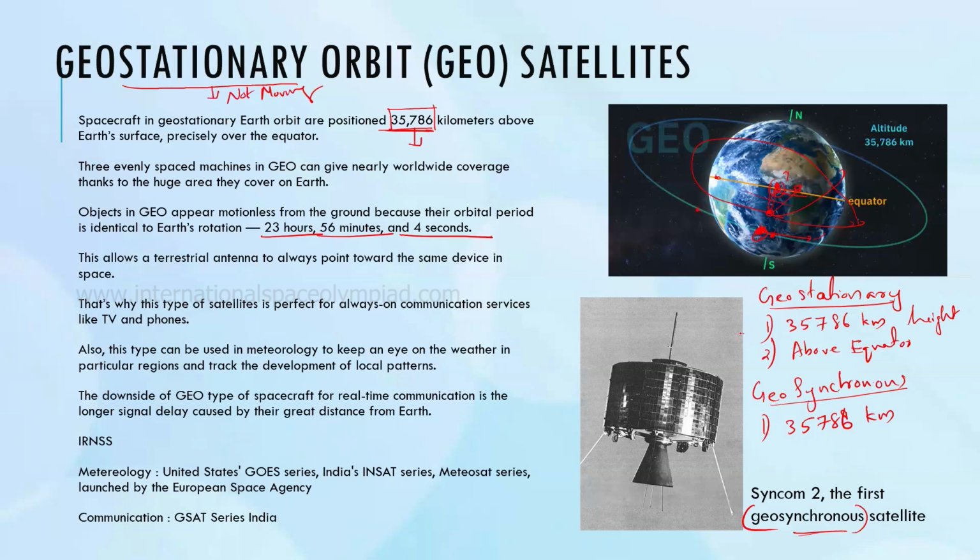Geostationary means it has to satisfy two conditions. So we can say that all geostationary satellites are also geosynchronous, but all geosynchronous satellites need not be geostationary, because they need not be above the equator. If it is at the same height but orbiting like this, then we can call it geosynchronous. So that is the geosynchronous orbit.